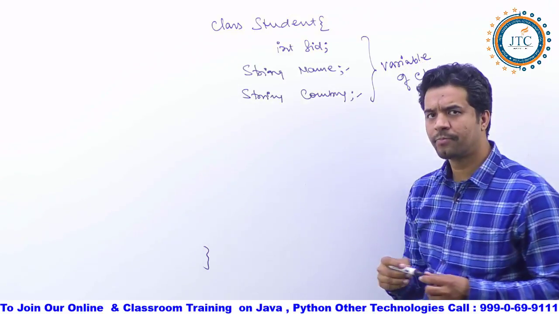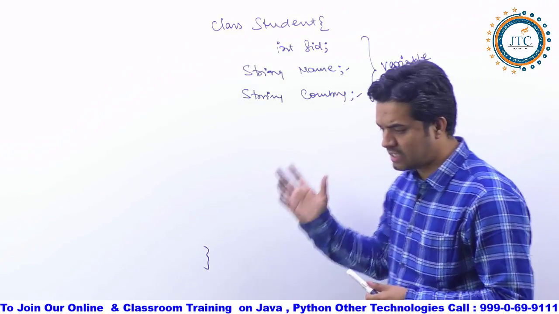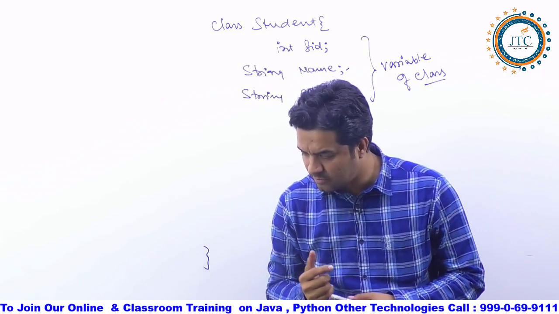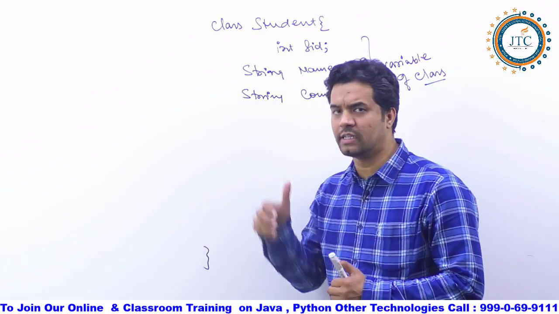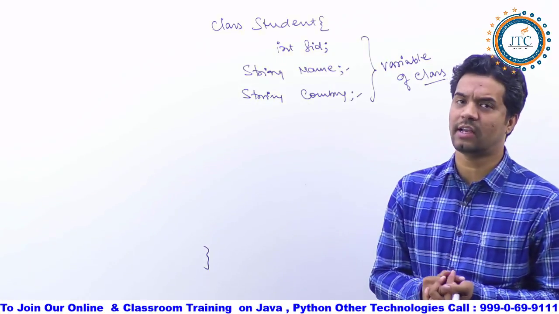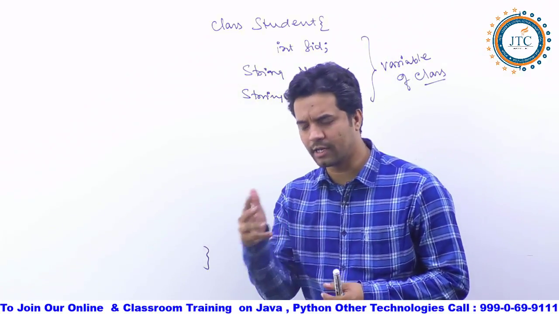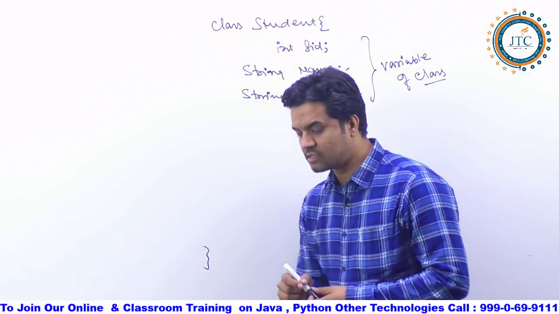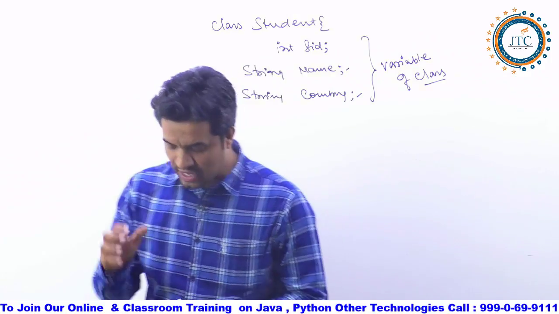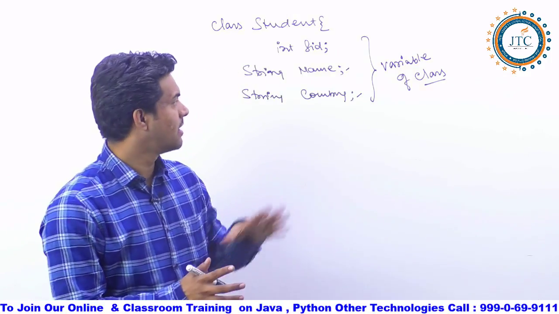Are you getting it? Whatever I have written here, these all are variables of a class. Okay. Next, if these are the variables of a class, guys, understand it here.